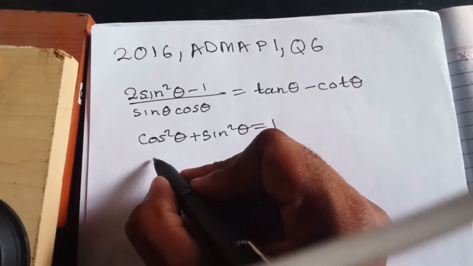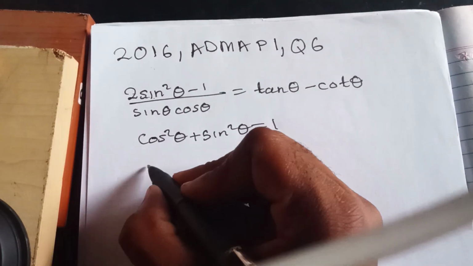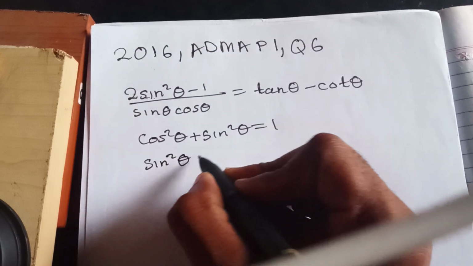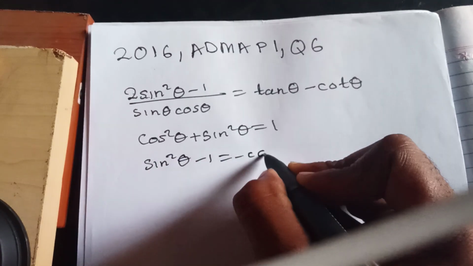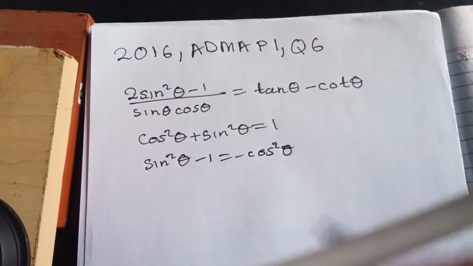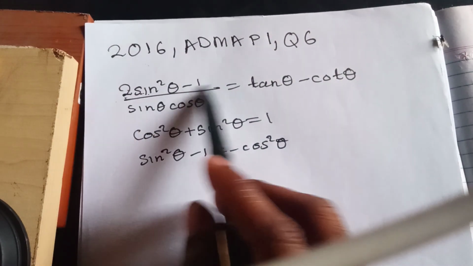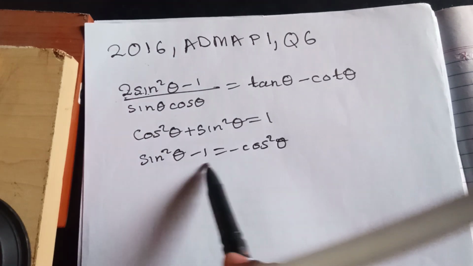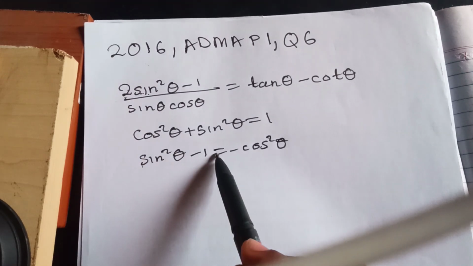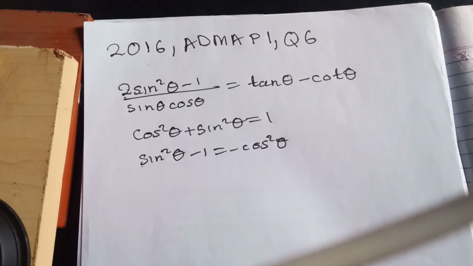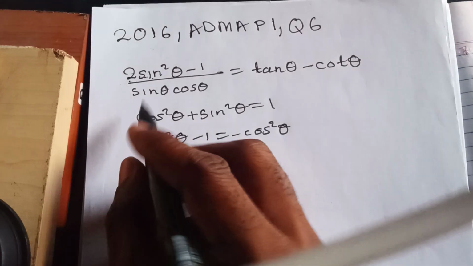We take the cosine this side and then the one this side. This side will have sine squared theta minus 1 is equal to negative cos squared theta. So I can write the numerator there in terms of sine squared minus 1, and then substitute it with this and manipulate. Let me show you what I mean.